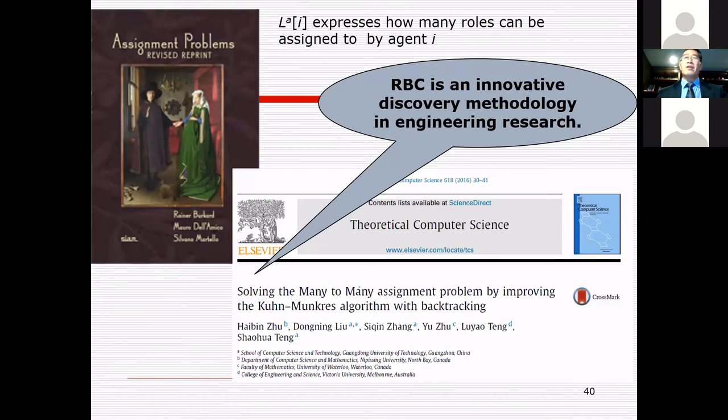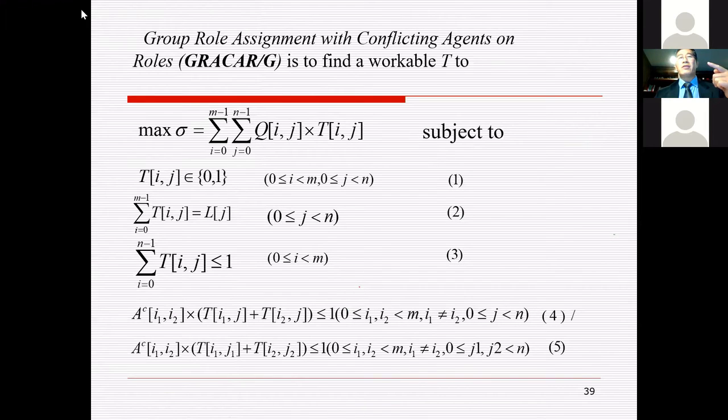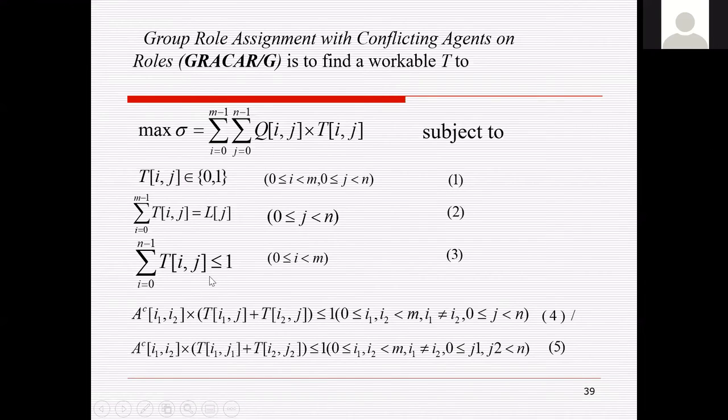What does it mean? In GRA, maybe you did not notice, we use this one, which means one agent at most plays one role, assigned with only one row. Be careful about this one. That's for GRA.